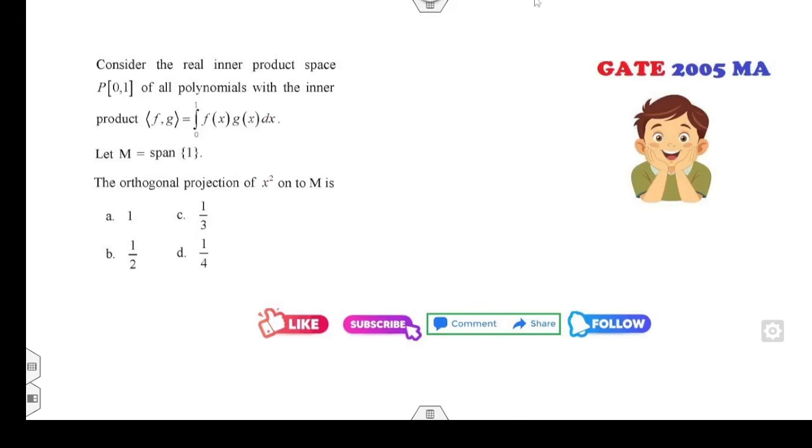Find the orthogonal projections. Find the projection of x square on M. What is M? It is 1. So what is the answer? Orthogonal projection of x square on 1 is the inner product of x square and 1 divided by the inner product of 1 and 1.